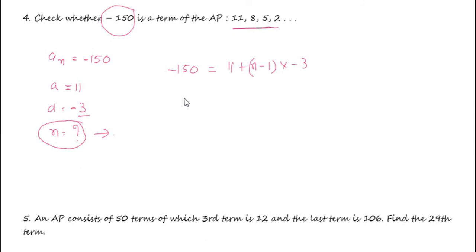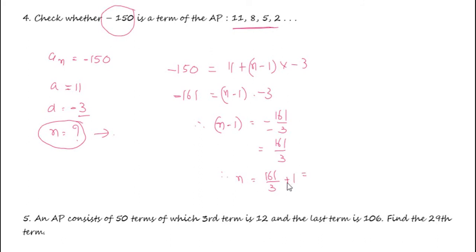Take the 11 to the other side. Minus 161 equal to n minus 1 into minus 3. Therefore, n minus 1 equal to minus 161 divided by minus 3, that is equal to 161 divided by 3. Therefore, n equal to 161 divided by 3 plus 1.